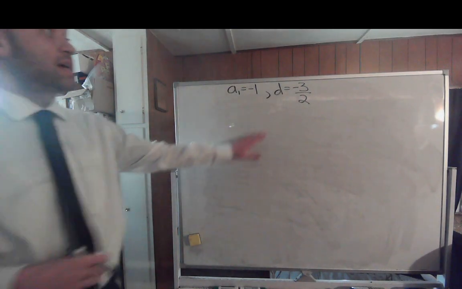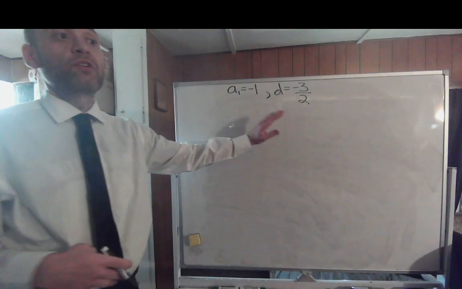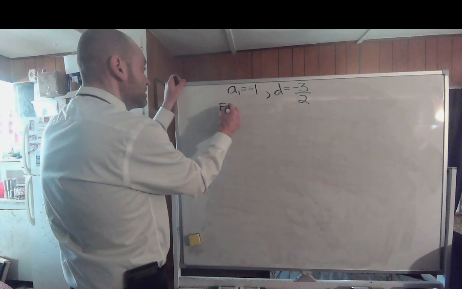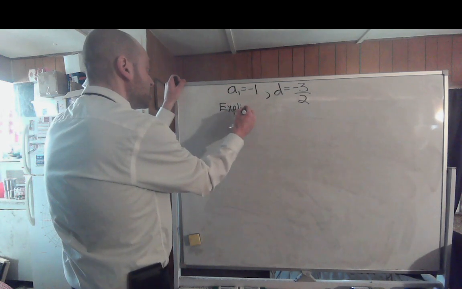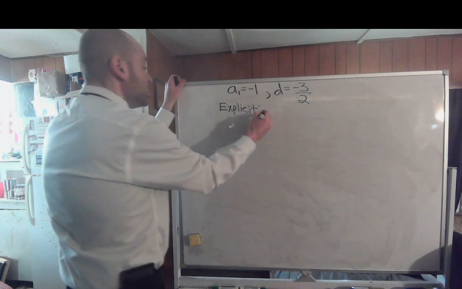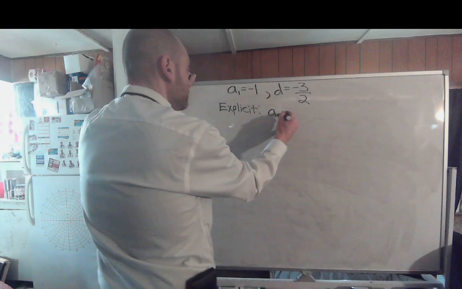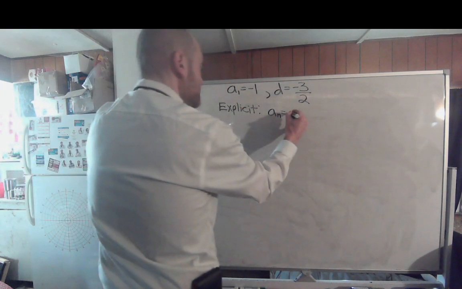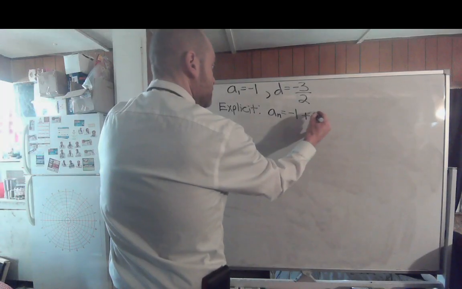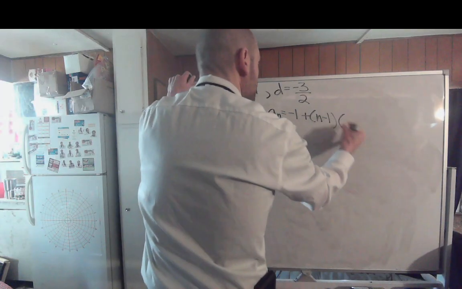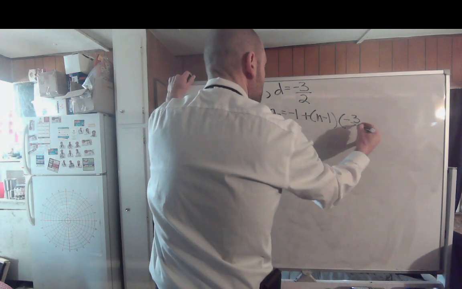Alright, so you have a common difference, meaning this is an arithmetic sequence. So let's find, of course, the explicit formula first. That's going to be, of course, a sub n equals your first term, a sub 1, which is negative 1, plus the quantity of n minus 1 times your common difference of negative 3/2.